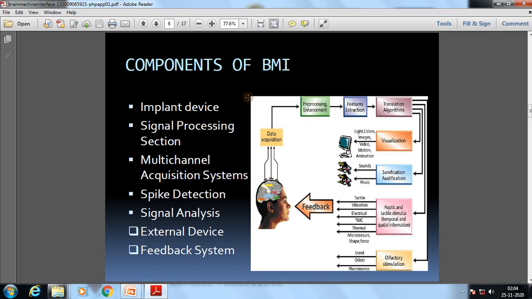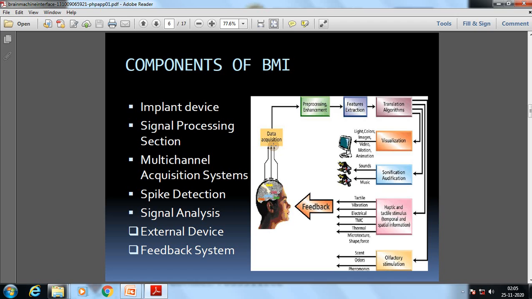Components of BMI. The components of BMI are: implant device, signal processing section, multi-channel acquisition system, spike detection, signal analysis, external device and feedback system. So let's analyze how all these components work. From this part of the brain, all the data acquisition takes place. The first step is data acquisition.